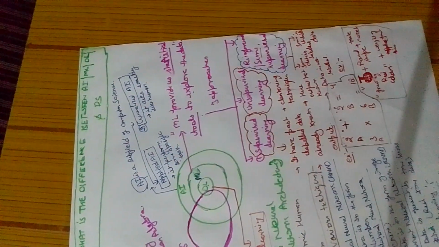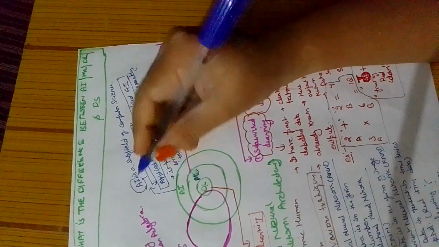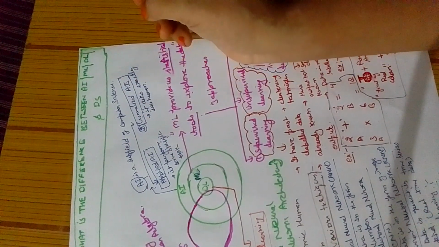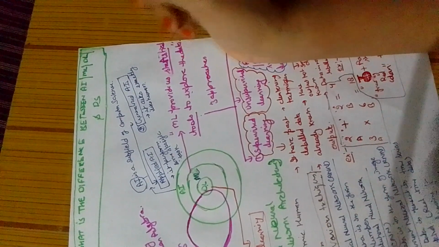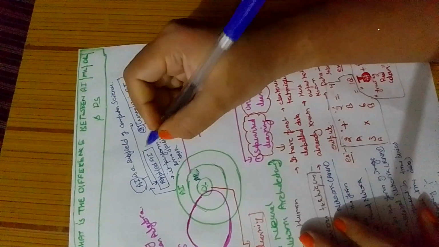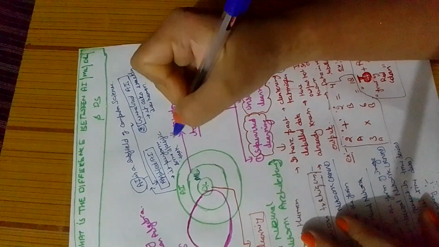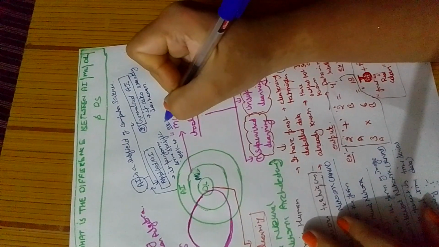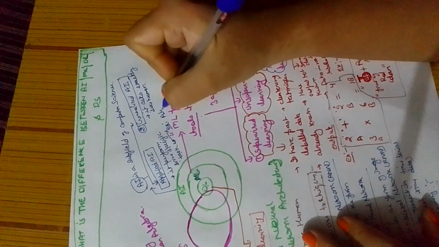Fine. Can you guess what are examples of applied AI? Everybody knows it very well. If I tell you the example, you will be shocked. The example of applied AI is Alexa.